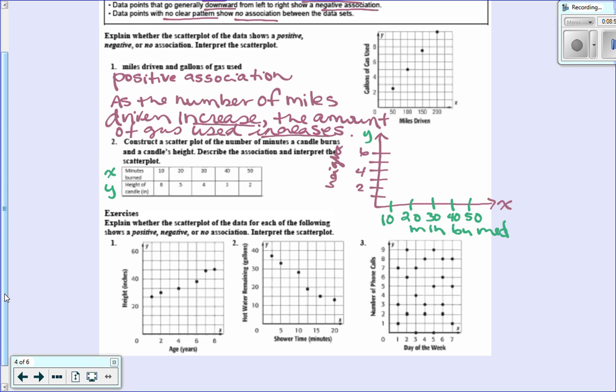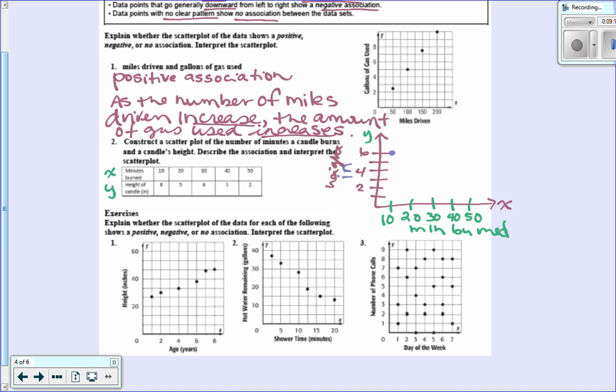All right, so our first ordered pair is what? In our table, the height of our candle is 6, at 10. So in 10 minutes, the height of the candle is 6 inches. That's inches. All right.